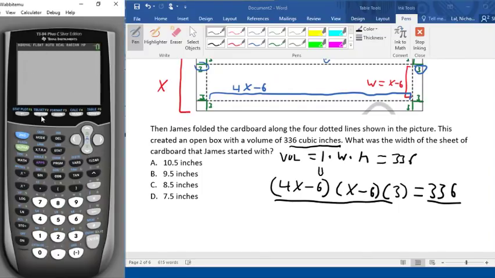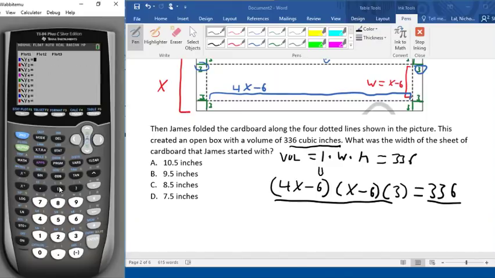If we just change our window, let's make our x min negative 2 and x max 13, and we want to make our y max, because this goes all the way up to 336, let's make our y max 400. Let's plot our equation.